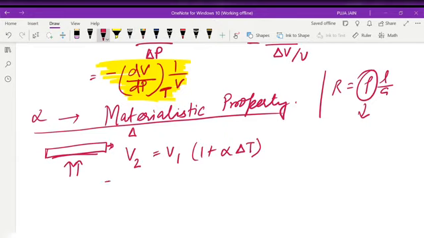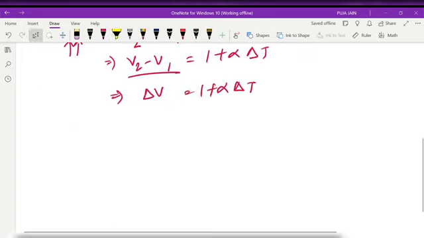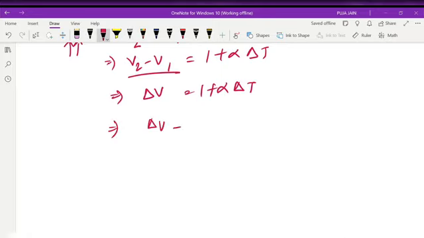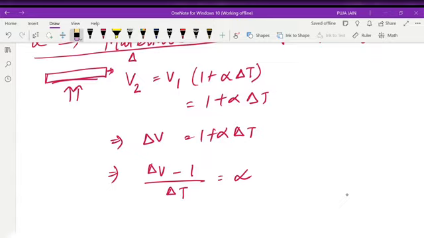Now V2 minus V1, the change in volume, so del V equals 1 plus alpha del T. Sorry, this was not V2 minus V1, this is V2 by V1. Sorry, let's calculate again.